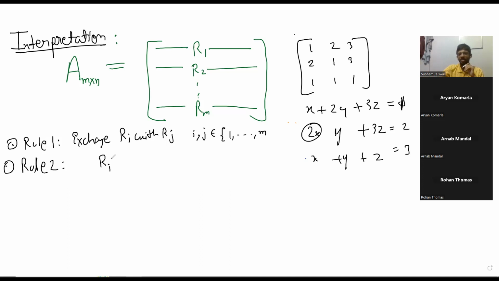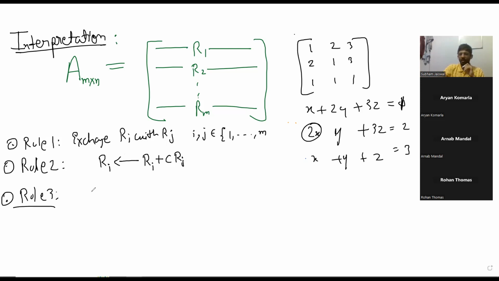Suppose Ri is the ith row. You replace Ri with Ri plus some constant times some other row. That's it. It's the same thing. We are just writing it in a clean and abstract way with i's and j's and arbitrary n, but that's not a problem. The rest of the things get taken care of on their own.